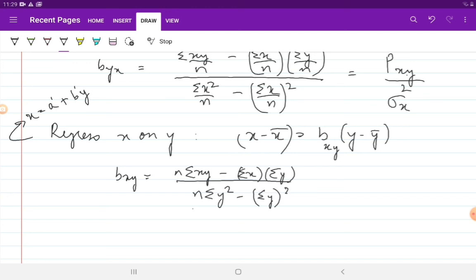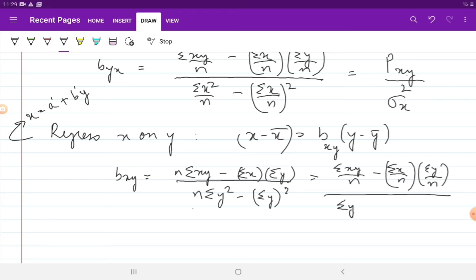And once again, if I divide it by n square throughout, I can write this as summation xy by n minus summation x by n into summation y by n, whole divided by summation y square by n minus summation y by n the whole square.